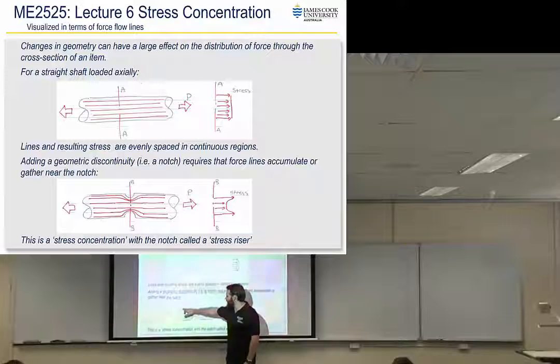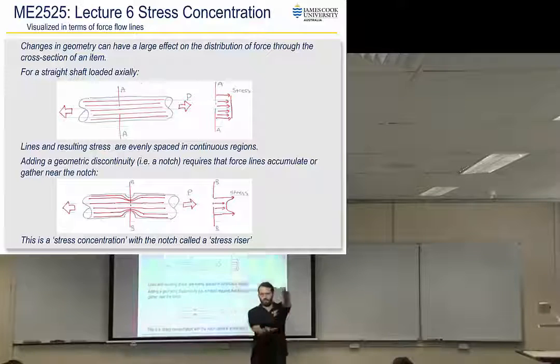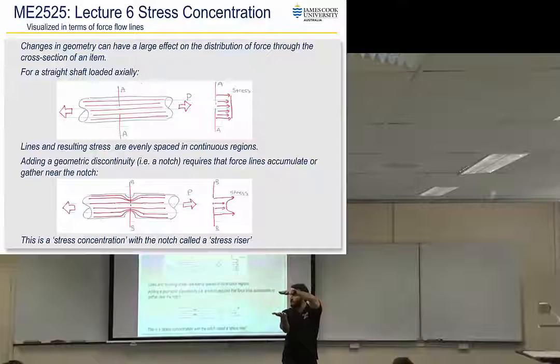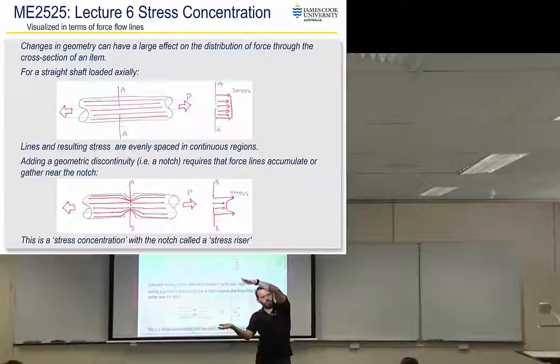If we have a certain area here, an amount of force that the atoms are carrying, and then we decrease that area, forgetting about how we got there, the same amount of force needs to be carried. So what's the stress do in that narrower section? Increase, yes. And then if we increase our area again, you'll go back to the previous stress.